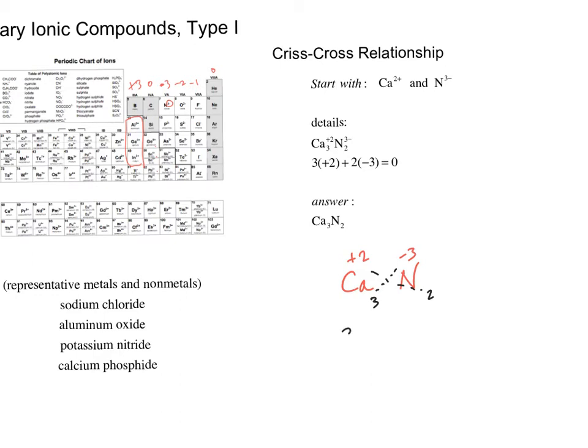So this is saying 3 calciums, each one with a +2, plus 2 nitrogens, each one -3, is equal to 0. Okay? And you can work backwards. You could say, for example, we'll do it with another one. We'll wait till we get to the transition metals for that.